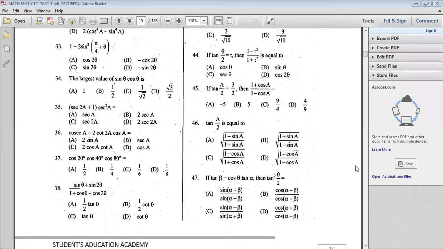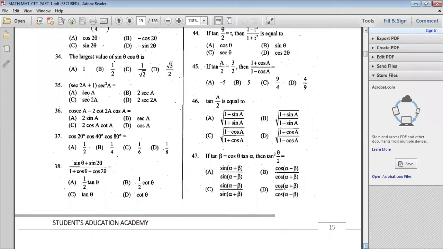Yes, so look at the next problem, 36. Observe this problem number 36. It is cosecant A minus 2 cot 2A into cos A. So we have to find the value of this.